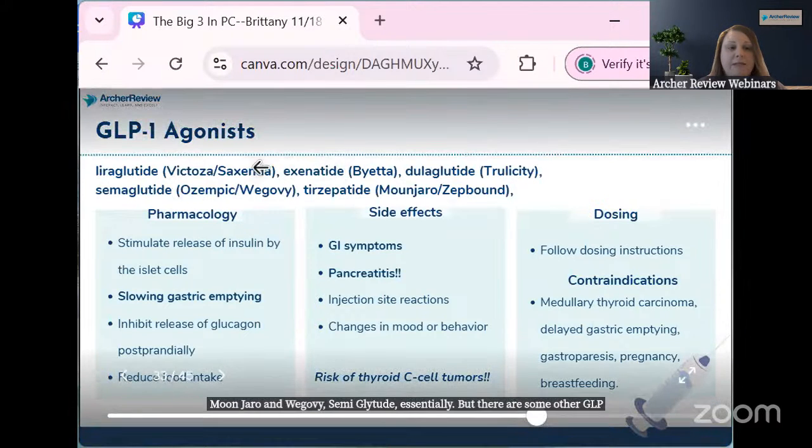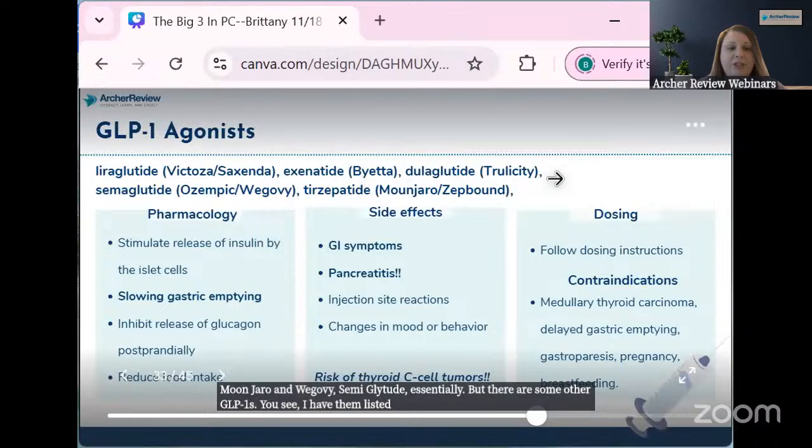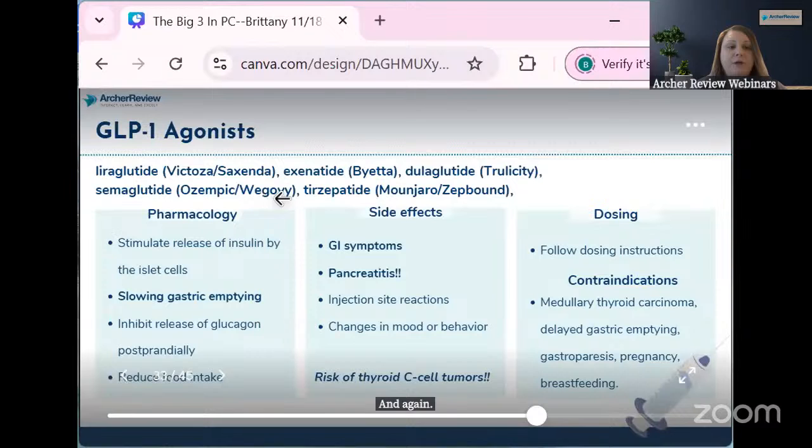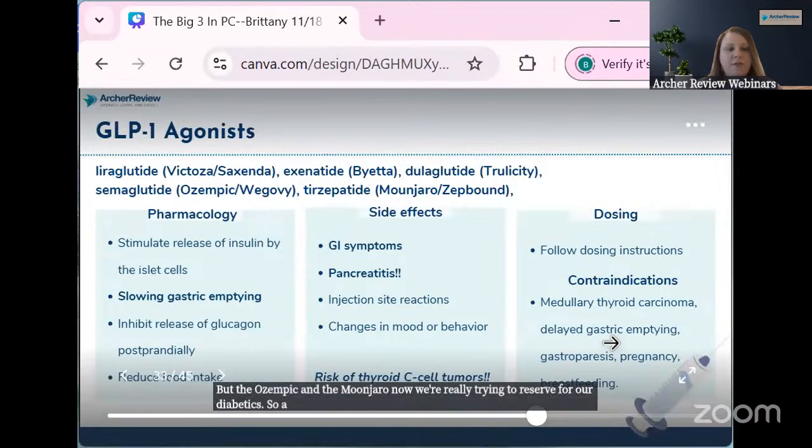You see I have them listed here: Saxenda, Byetta, Trulicity. And again, the FDA has approved Wegovy and Zepbound for weight loss, same thing here, semaglutide and tirzepatide. But the Ozempic and the Mounjaro we're now really trying to reserve for our diabetics. A lot of times insurance won't cover those for weight loss, so just be aware of that.